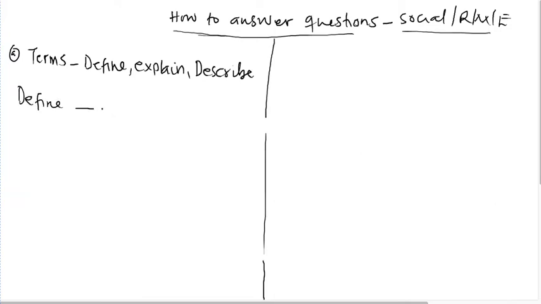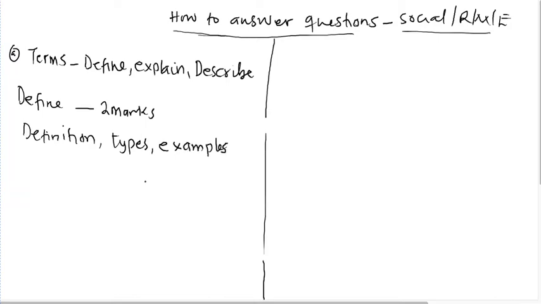Normally, to define something comes with 2 marks, and they want just the definition. Definition. You can bring types if there are types and examples.